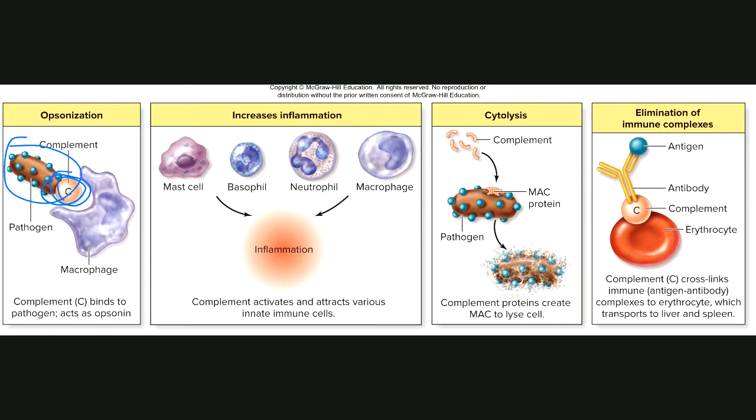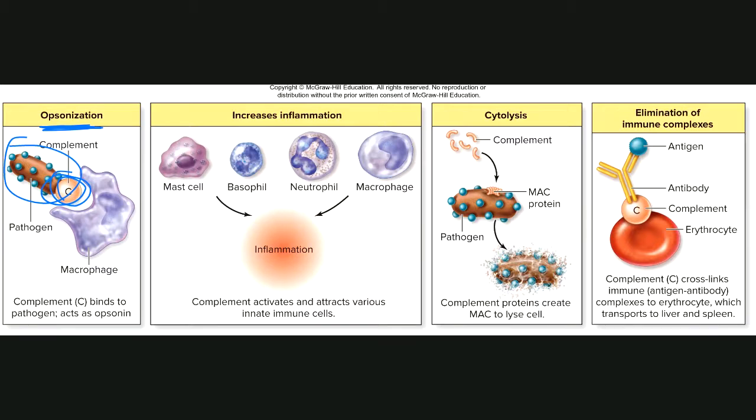We'll see this word again in adaptive immunity, but opsonization basically means you're marking something for destruction. When the complement binds to that bacteria, the macrophage is more likely to detect it. It's like a little flashlight or tag that makes the pathogen more visible to our immune cells.